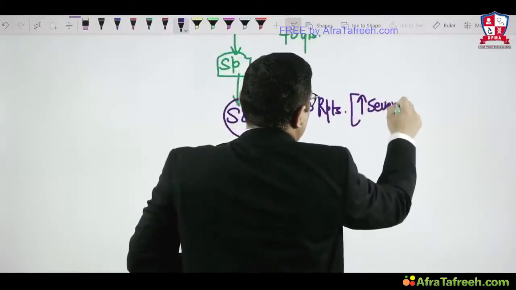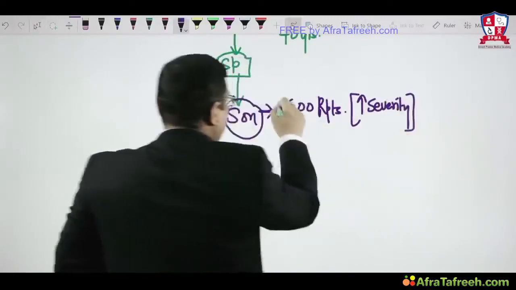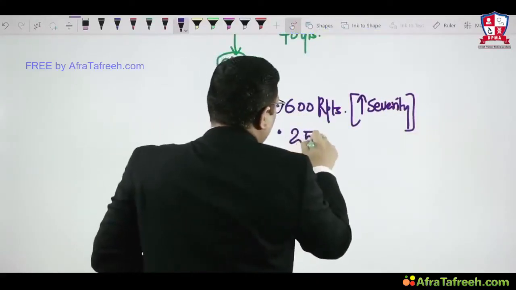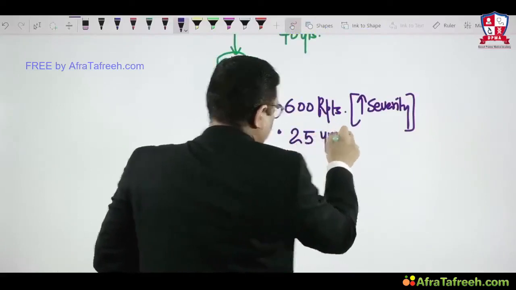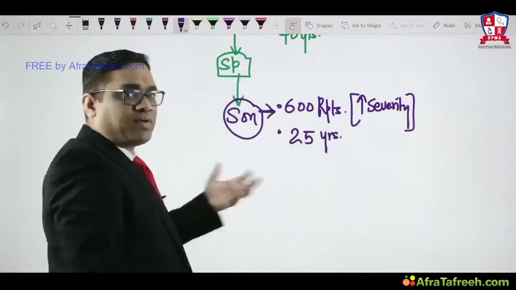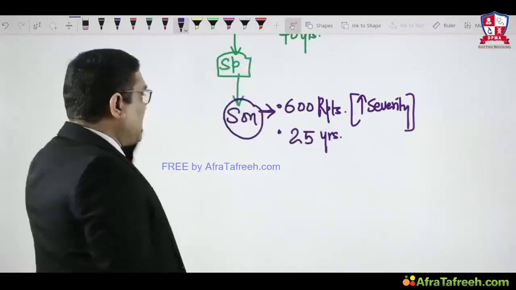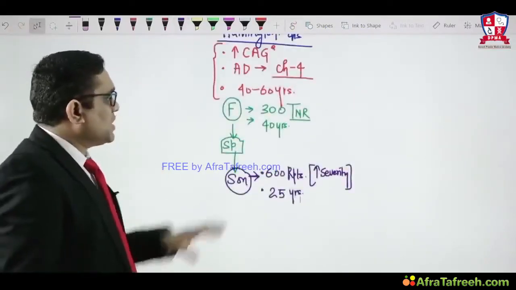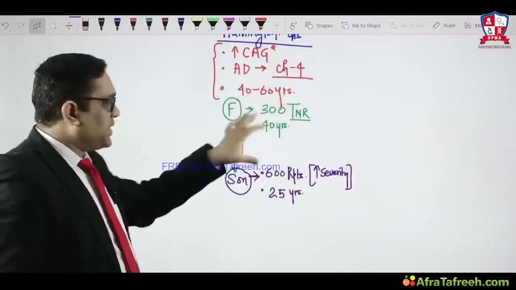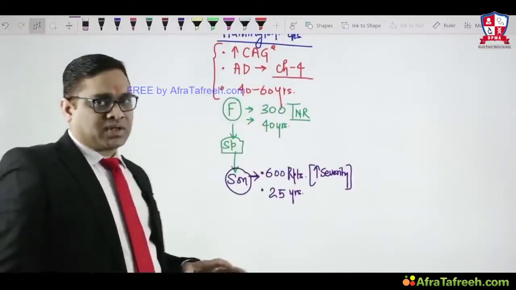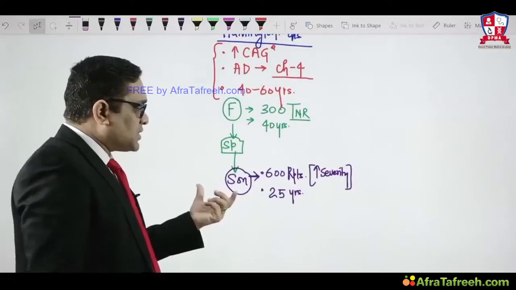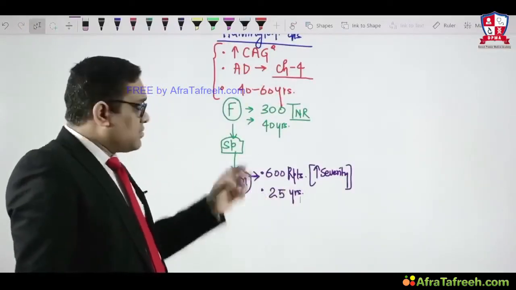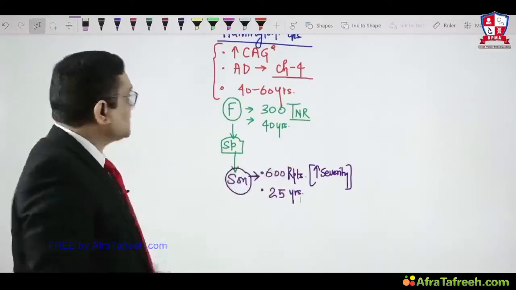Another interesting point: this son will contract the disorder at an earlier age, say 25 years. So in this example of Huntington chorea, the father had 300 repeats and was first diagnosed at 40 years, but his son will be detected with the same disorder at 25 years, and his severity will be more because the number of repeats is more.